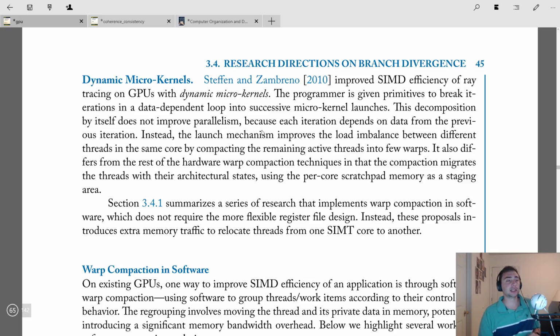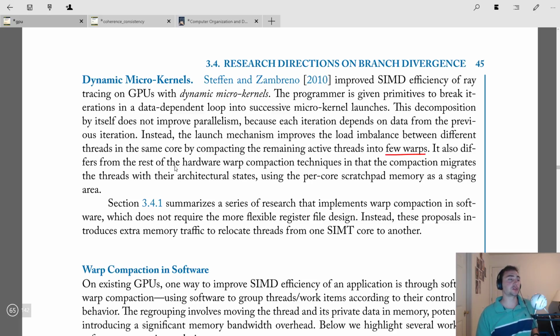But instead, the launch mechanism improves the load balance between different threads in the same core because we can go ahead and compact the remaining active threads into a few warps. So if we only have a few active threads, we want to make sure that they're all going together. That way we don't have all this work spread out.